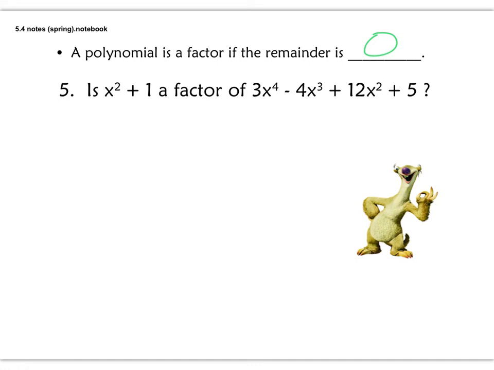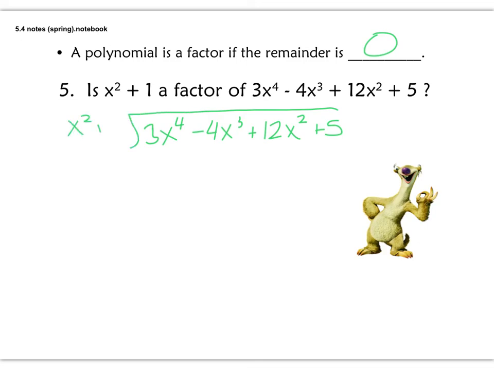Well, in order to tell, we have to divide. So let's set this up. We have 3x to the 4th minus 4x cubed plus 12x squared plus 5. And we are dividing by x squared plus 1.